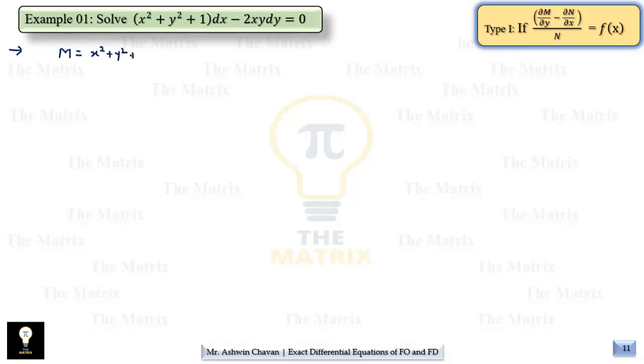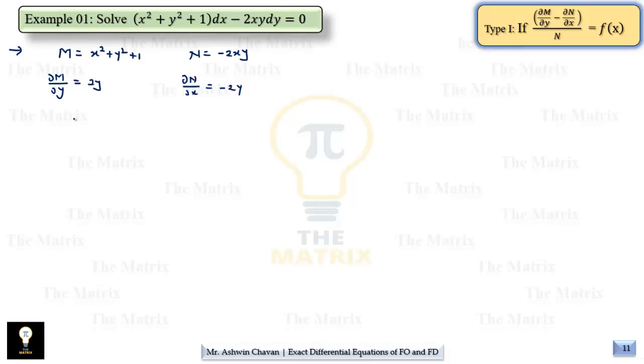Then we check whether the given differential equation is exact or not. To check this, we find the partial derivative of M with respect to y, which is 2y, and the partial derivative of N with respect to x, which is minus 2y.